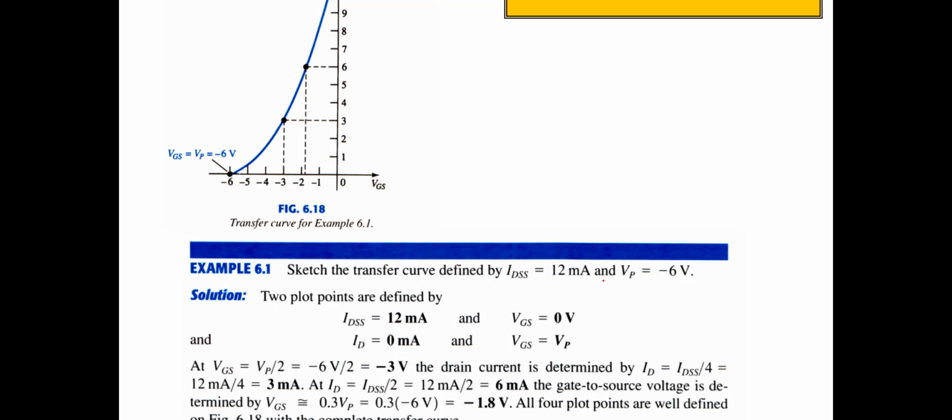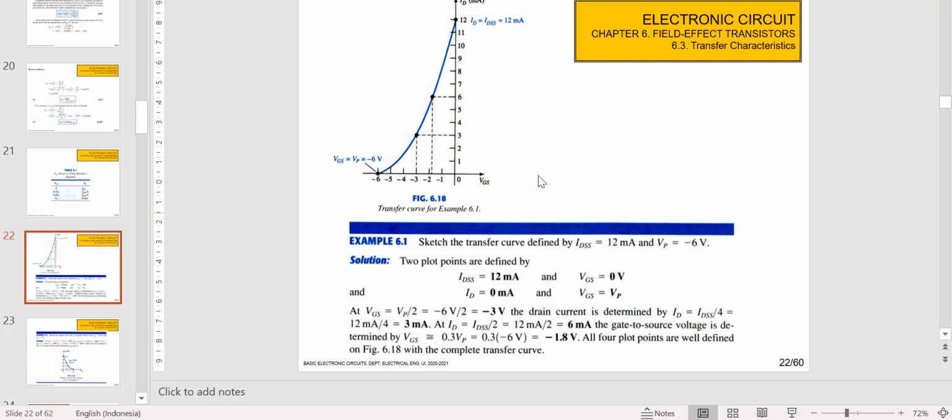So for example, we have VP equal to -6 and IDSS is 12 milliampere. When VGS equals 0, ID is equal to IDSS, so we put one point here. Then when VGS equals VP, -6, ID is equal to 0.